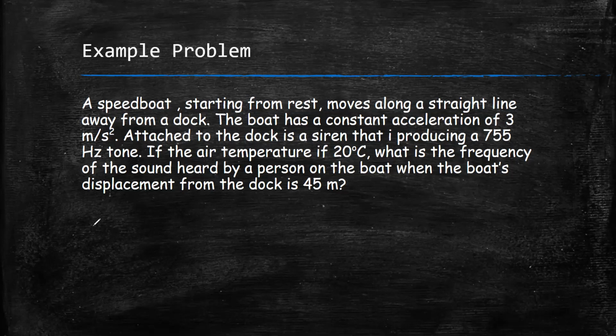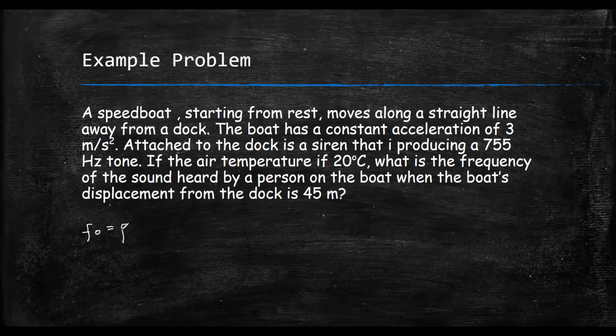To get that, we will use the formula Fo is equal to Fs times 1 minus Vo over V. So we have the value for the frequency of the source, which is 755 Hertz, and the speed of the sound, which is 343 meters per second, which is constant.